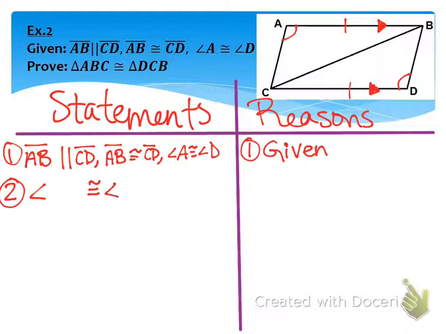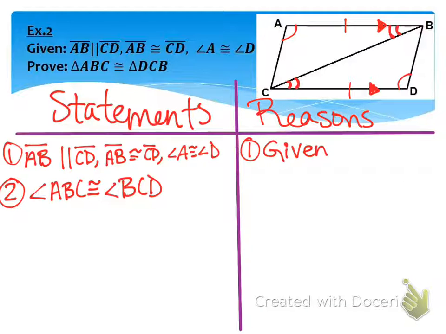Anybody see which angles should be congruent here? ABC, BCD. Good. So angle ABC is this little one up here. I'll give it 2 arcs. And BCD is this little one down here. Also gets 2 arcs.